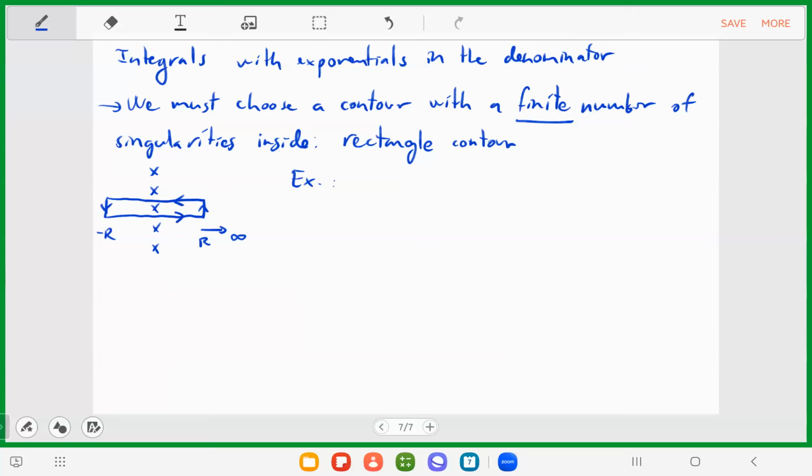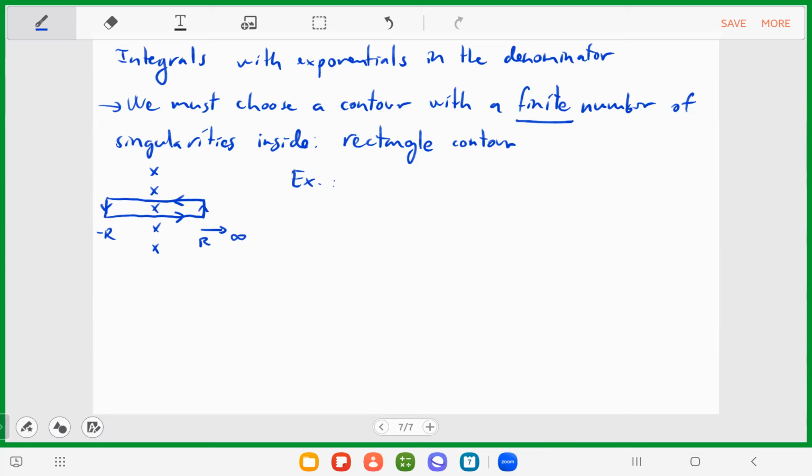So if these are in the denominator, there will be infinitely many zeros of the denominator. Well, the easiest case to understand is if you have 1 divided by a cosine. The cosine will be 0 for pi over 2, 3 pi over 2, 5 pi over 2, etc. And all of these will be singularities. In that case, that will be along the real axis.